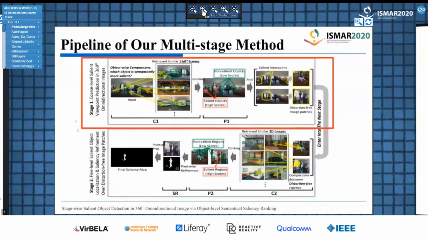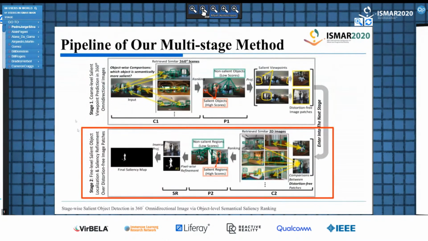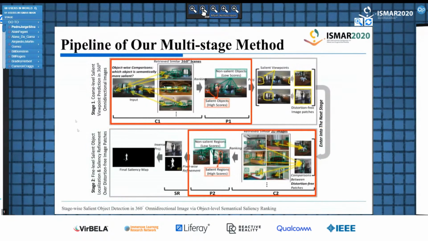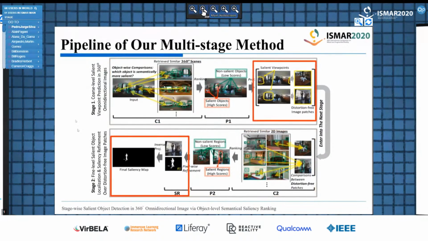The first stage is called coarse-level salient viewpoints localization, and the second is fine-level salient objects localization. The 2 stages are similar. Each of our stages is composed of a ternary classifier C and a prediction unit P. The difference is that there is a viewpoint adjustment module after the first stage and a pixel-wise saliency refinement module SR after the second stage.